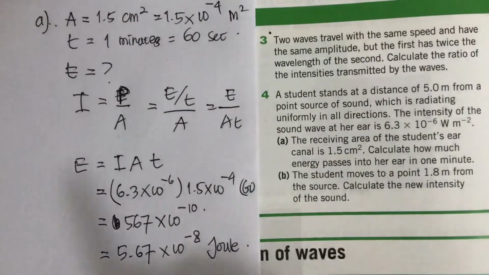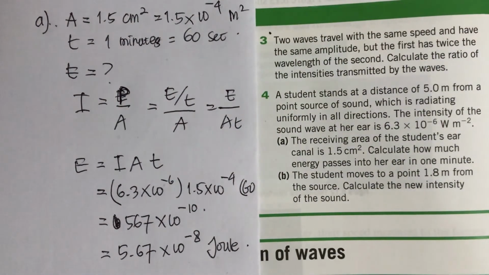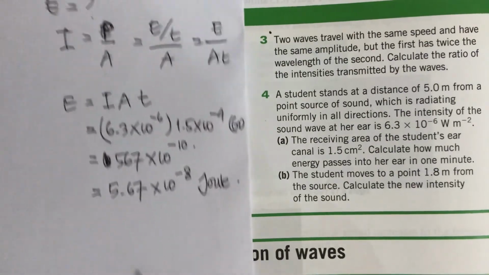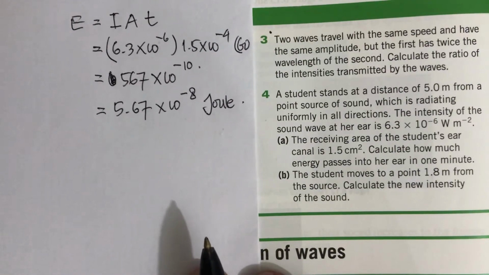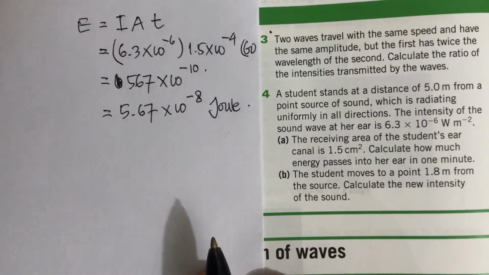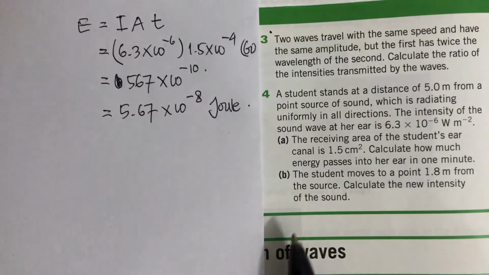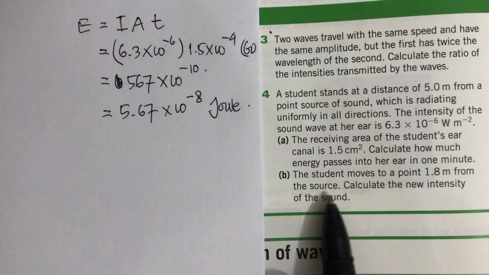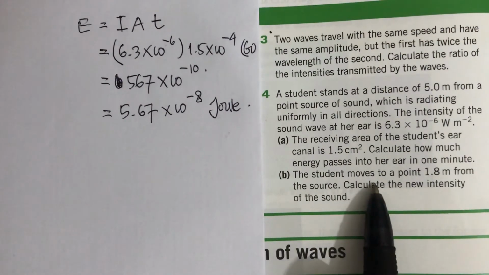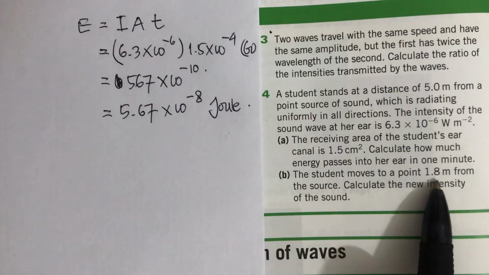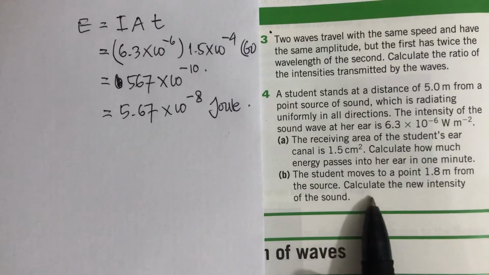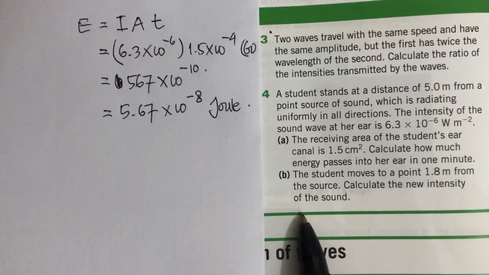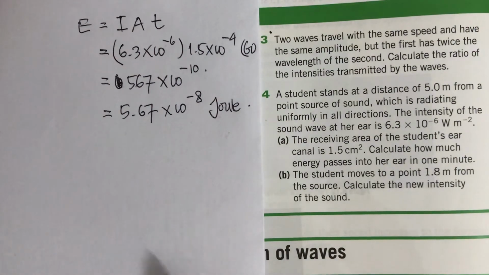Now the last question, B, in number 4. Let's read it first. The student moves to a point 1.8 meter from the source. Calculate the new intensity of the sound.